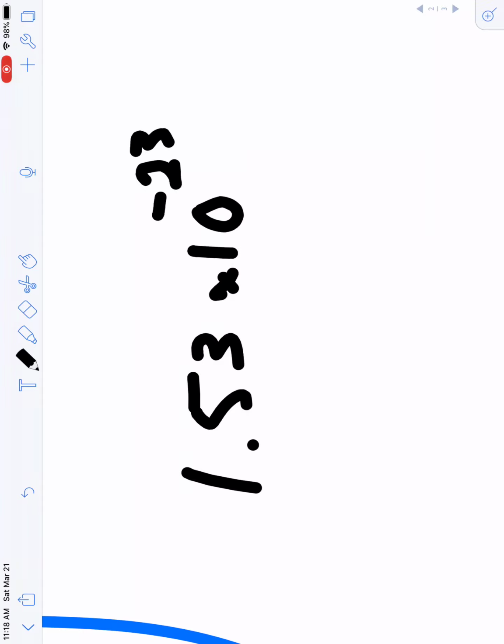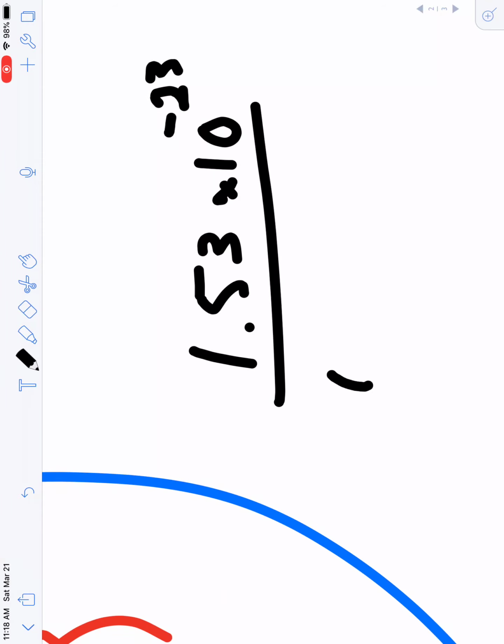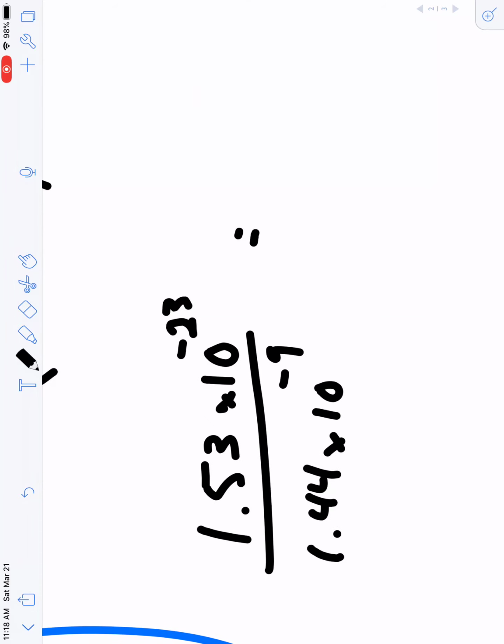That's going to be divided by 9 times 10 to the 9th, or 9 billion, times 1.6 times 10 to the negative 19th. Which gives us 1.44 times 10 to the negative 9th. This is going to be Q2.